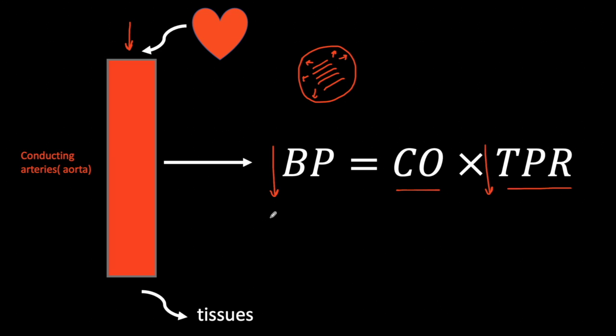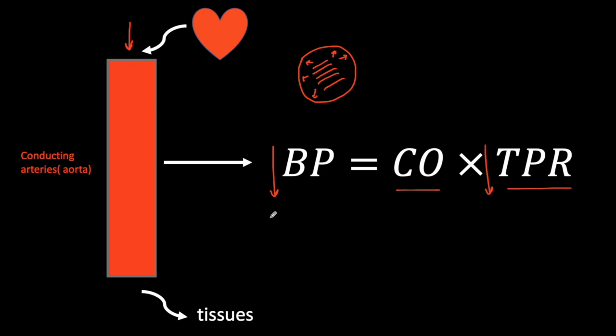In a nutshell, two factors determine our blood pressure: cardiac output and total peripheral resistance, the resistance of arterioles throughout our bodies. Now, let's consider different factors that affect blood pressure.